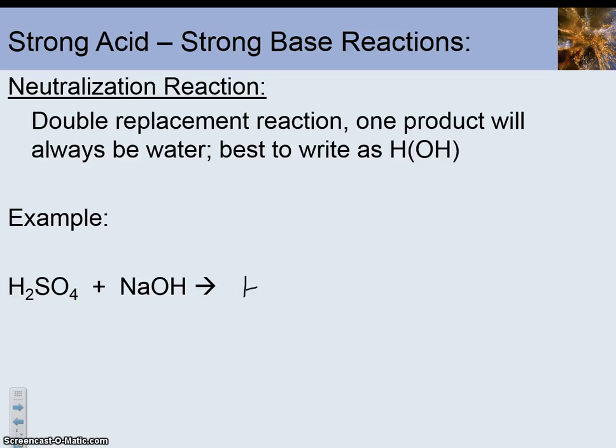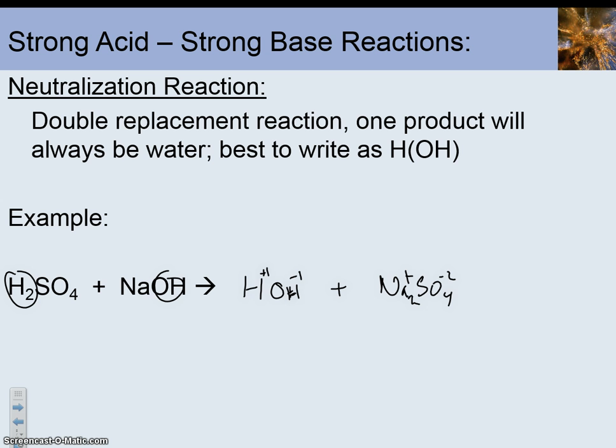So our hydrogen from over here is going to join up with the hydroxide here. That hydrogen is a +1 charge, hydroxide is a -1 charge. And then our sodium, which is +1, is going to get together with our sulfate. It's going to be drawn as one compound there, and that's a -2 charge.